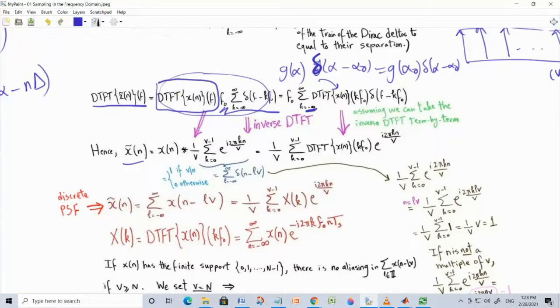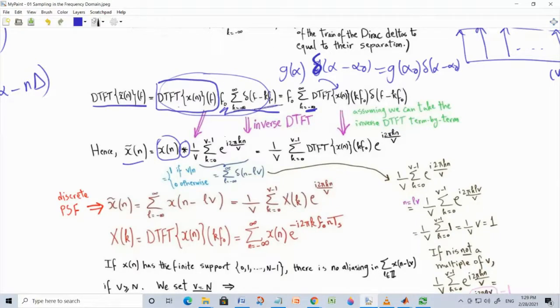So we have the convolution theorem. The convolution theorem tells you, well, the inverse DTFT of the DTFT of x of n. So that's x of n. Product becomes a convolution.